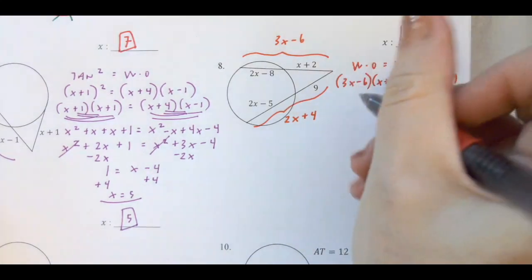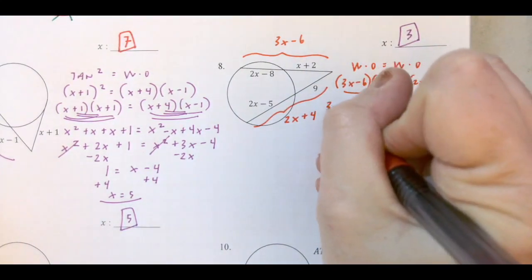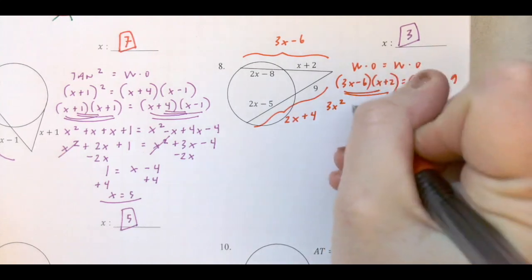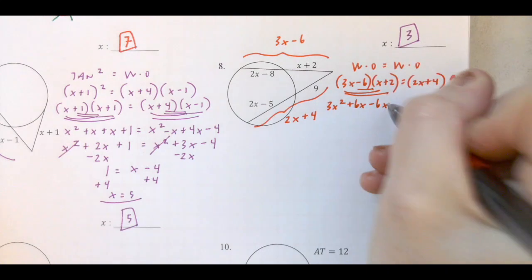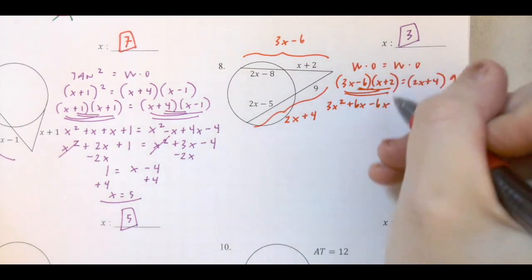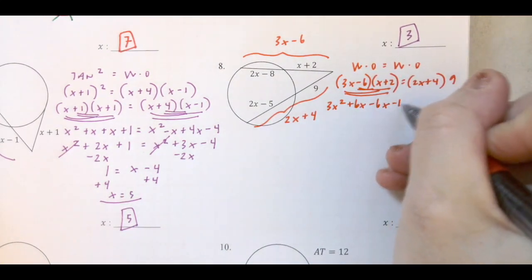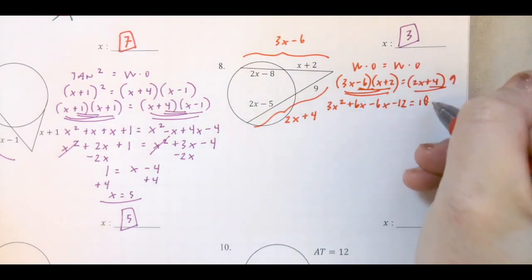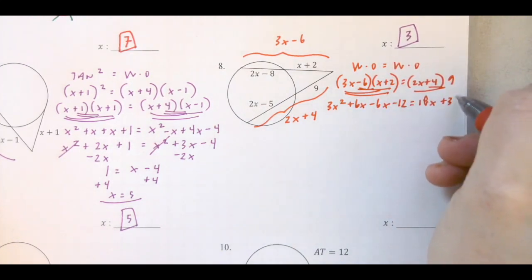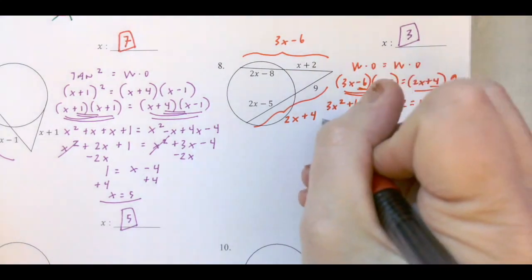So I FOIL out the left. So I have 3x squared plus 6x minus 6x, and then minus 12. Distribute the right equals 18x plus 36. Okay, clean it up.